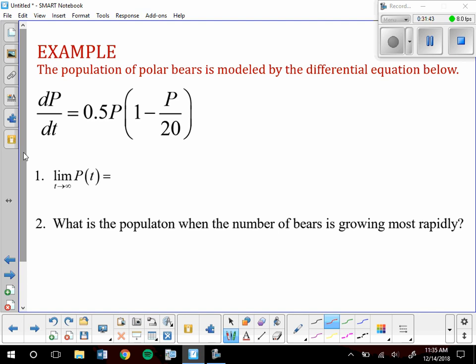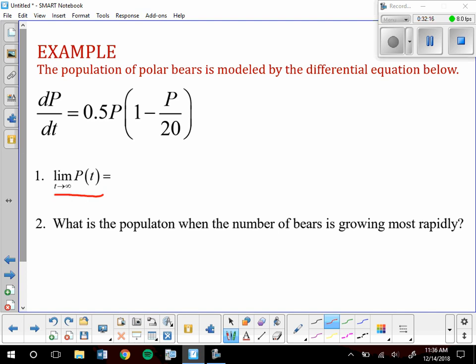So for example, say that I give you the logistic curve that models the population of polar bears. dP/dt equals 0.5P times (1 minus P over 20). Two questions that the AP exam could ask you about this population when you wouldn't even have to solve anything. One of those is, what's the limit as t goes to infinity of your population?